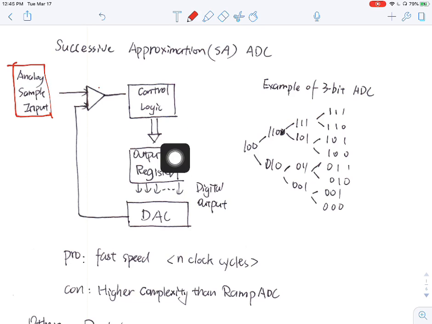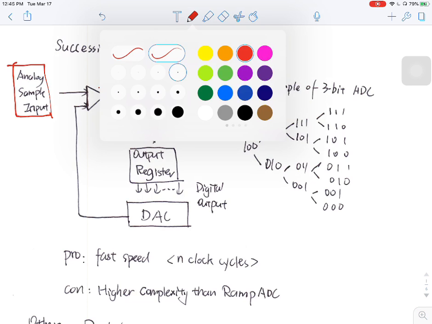What this type of ADC is doing is it guesses what should be the value for the input analog signal. Let's give this example.